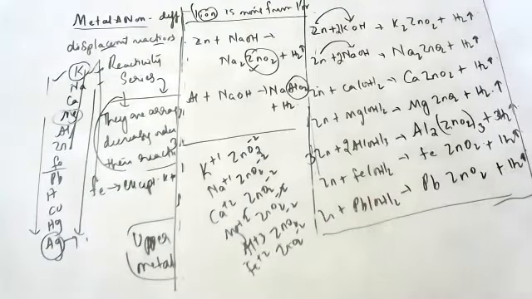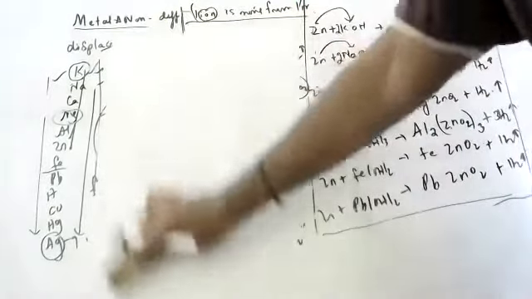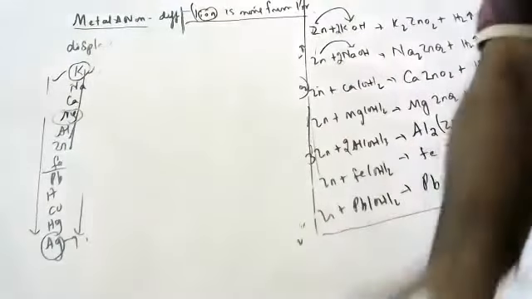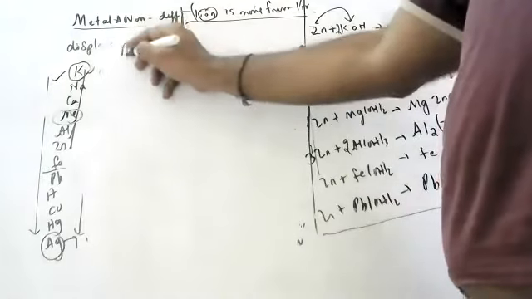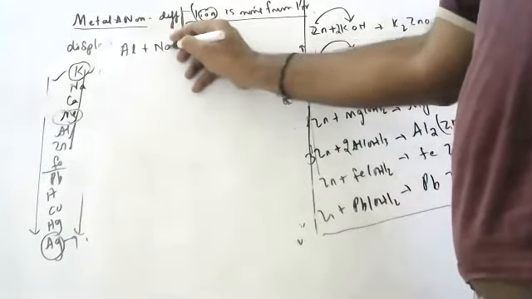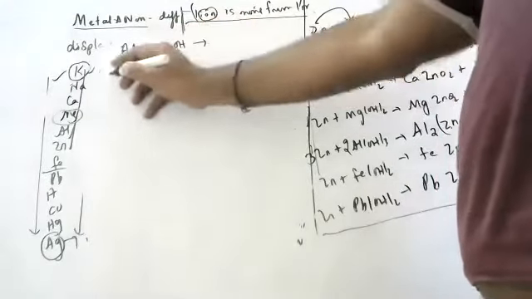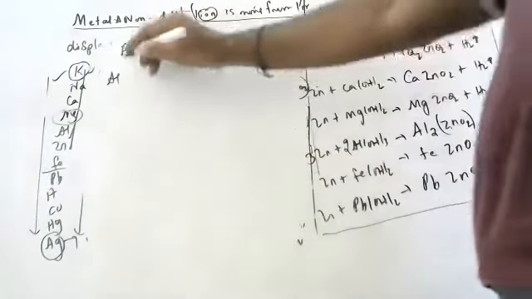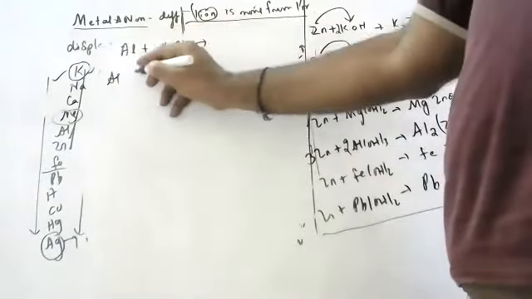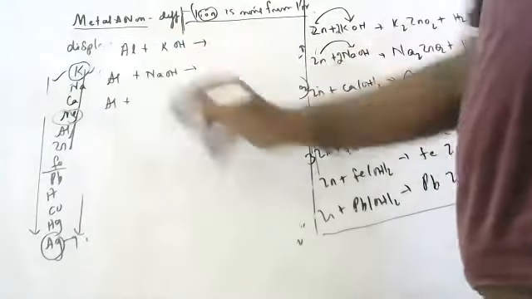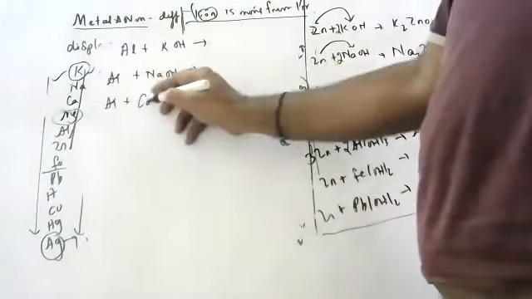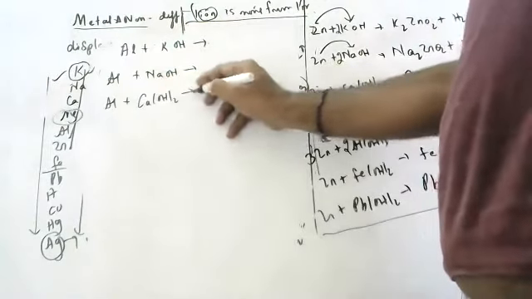Now let's do aluminates, children. Last reaction, aluminates. Children, you are able to understand, I think. Let's do aluminates. Yes, sir. Al plus KOH. Al plus NaOH. Al plus Ca(OH) taken twice.